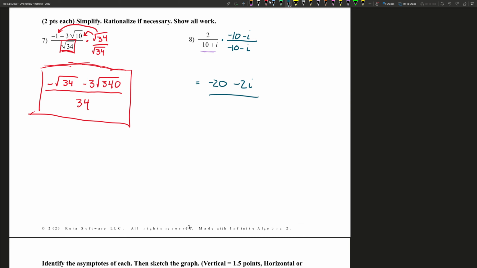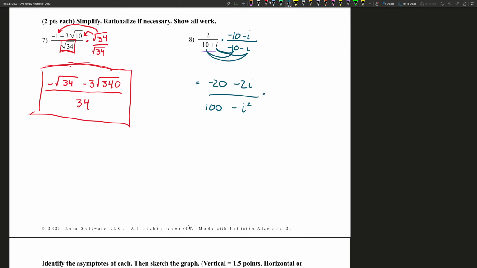And then if we FOIL the bottom, we get 100 minus i squared. Right? So that's the difference of squares. So I'm using a shortcut. If you want to simplify, or if you want to FOIL it, that's fine. You just got to make sure you actually do FOIL it.